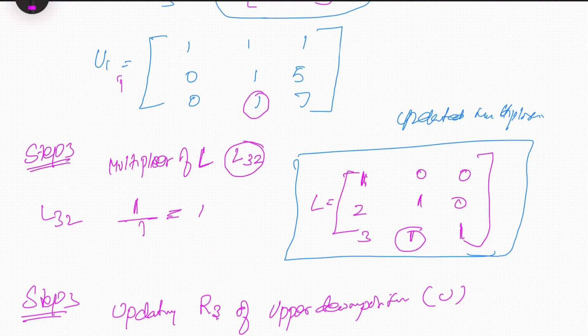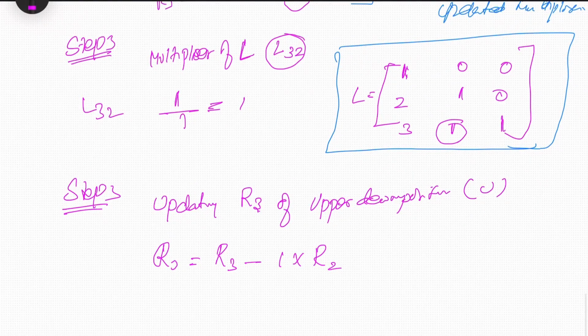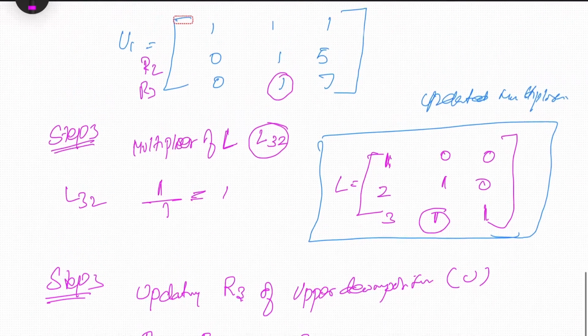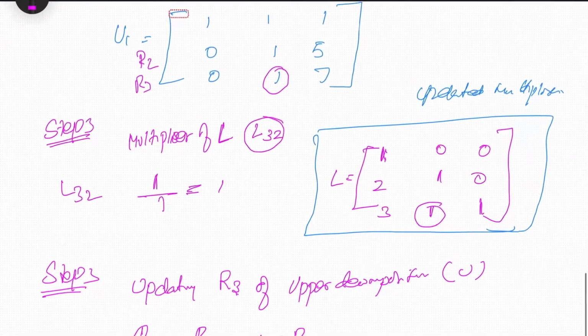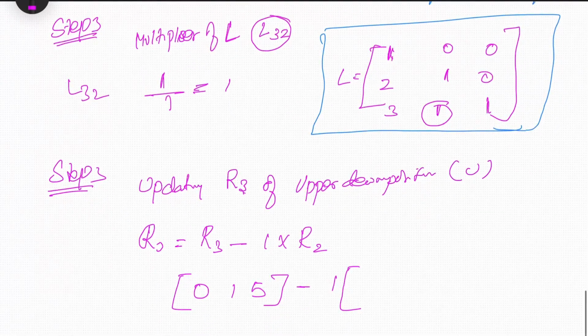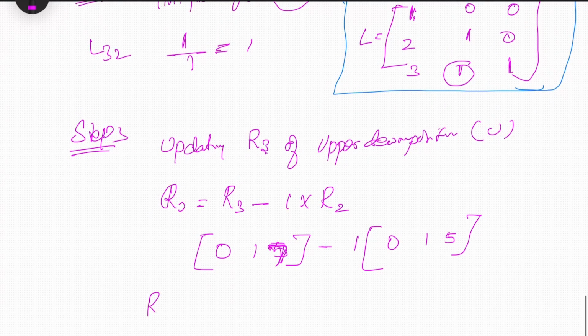So basically we are subtracting 2 from each element, 2 times R1. It goes like that. So we are ending up with 0, 1 and 5.